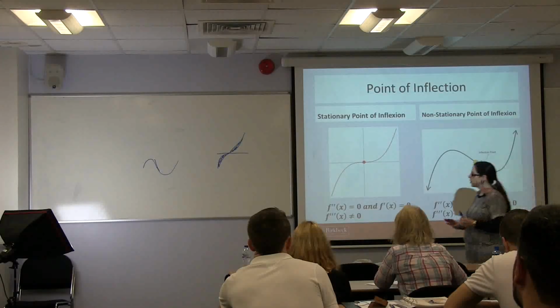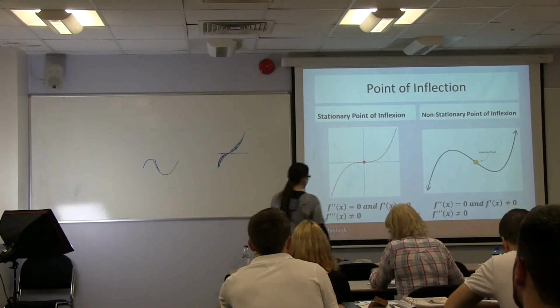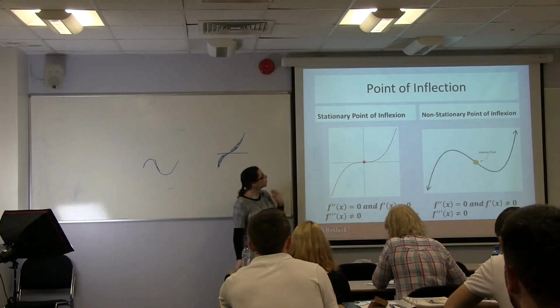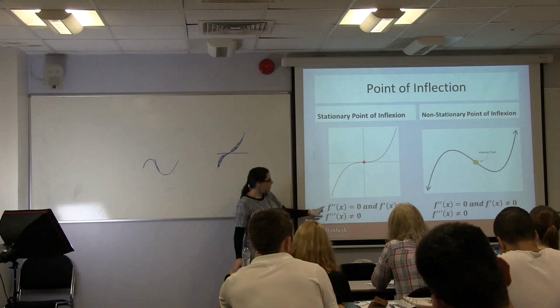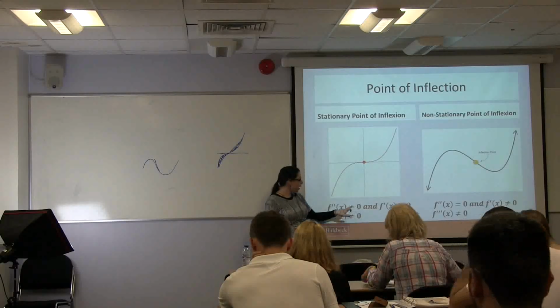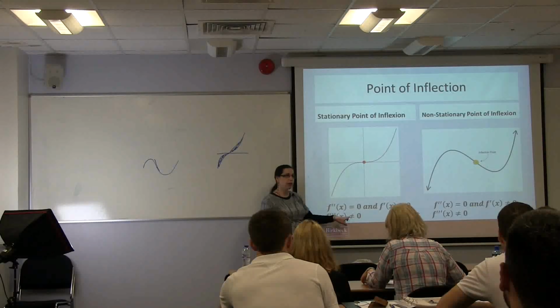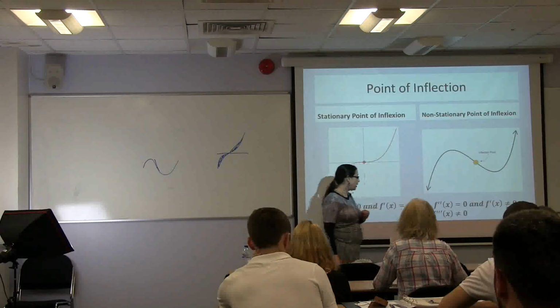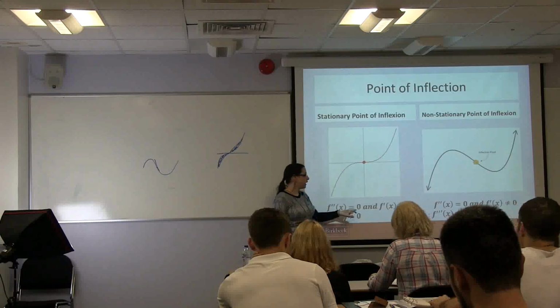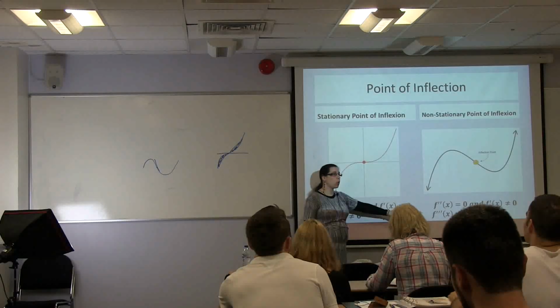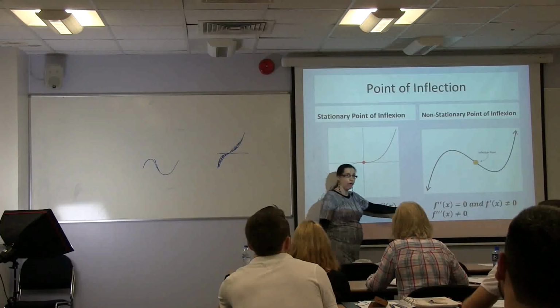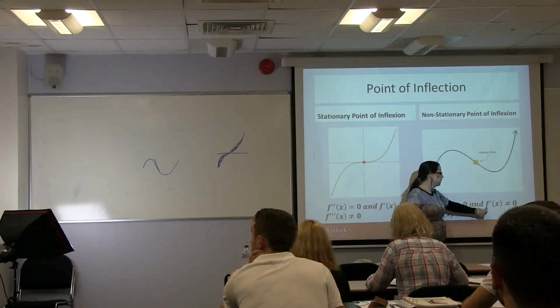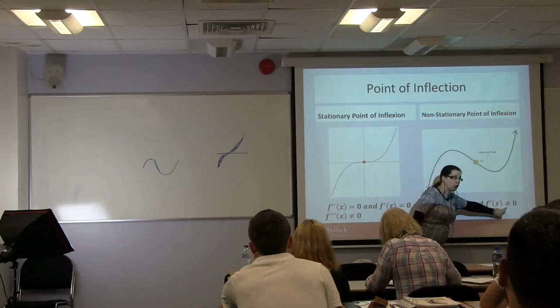And for that, here are the formal conditions. What you can see is that for both points, the second order derivative is 0, and the third order derivative is non-zero for both of them. But for the stationary one, the first order derivative is also 0, while for the non-stationary one, the first order derivative is not 0.